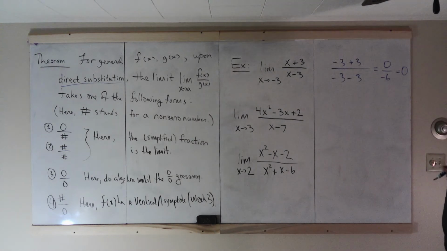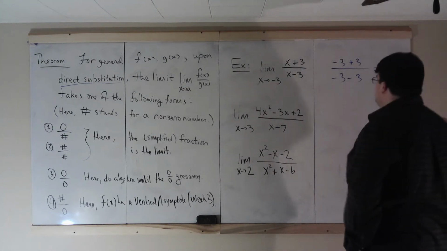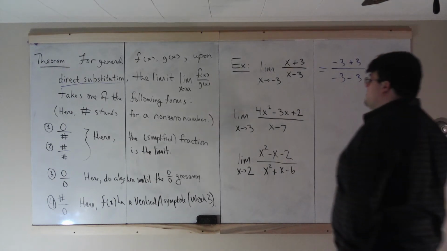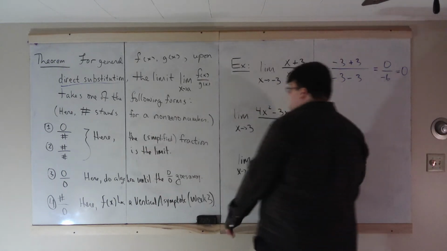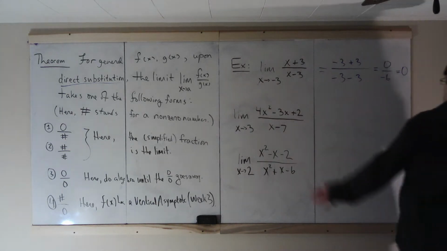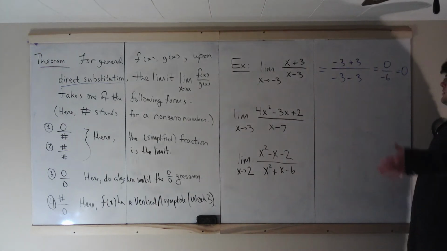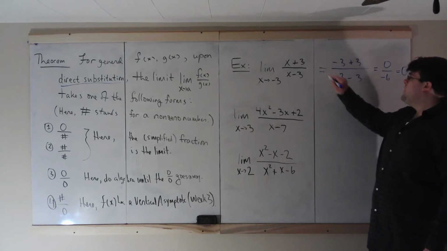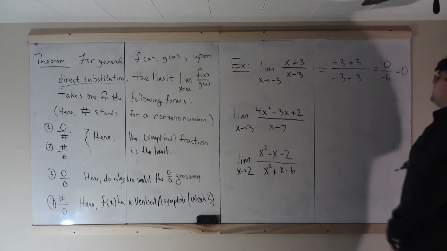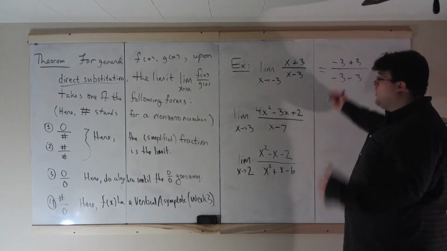We substituted and we wound up being in case 1, and we got an answer of 0. So in case 1, that simplified fraction, 0, is the limit. So here, we had our side work, but it gave us a number. In particular, that told us the limit was 0. And here, we wound up in case 1.